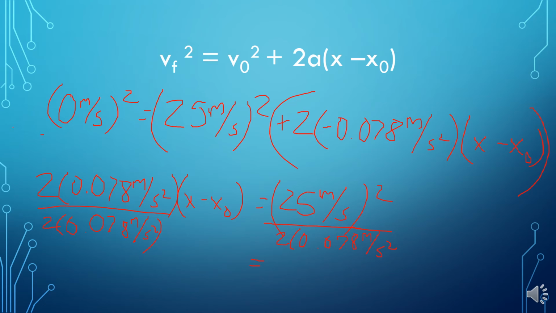And when I work through, I get that x minus x sub 0 is 4,006 meters. So Jim does not have any chance of stopping before he reaches the tree.